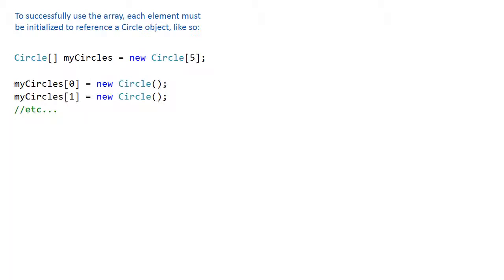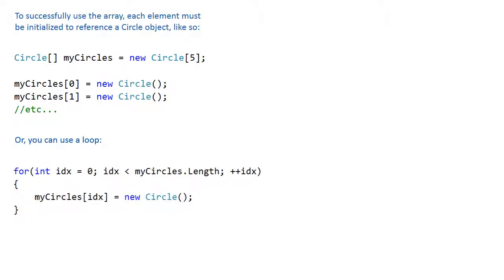To successfully use the array, we have to initialize each element with a circle object. One way here is to directly set an element to point to a circle object. Another way is to use a for loop that goes through the entire array and allocates a new circle object for each reference. Remember also that each element is merely a circle reference, not a circle object.